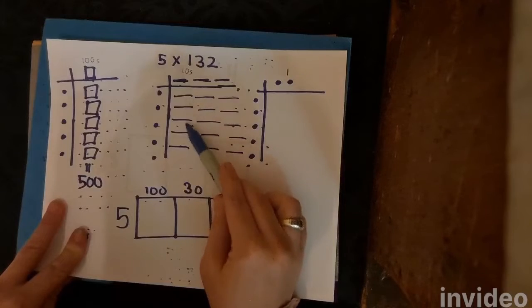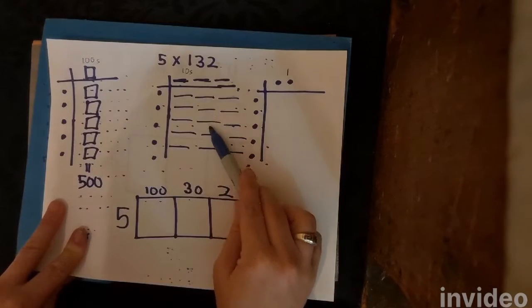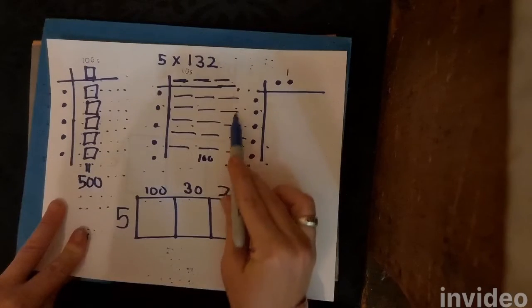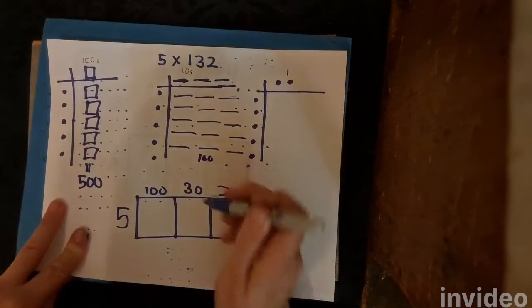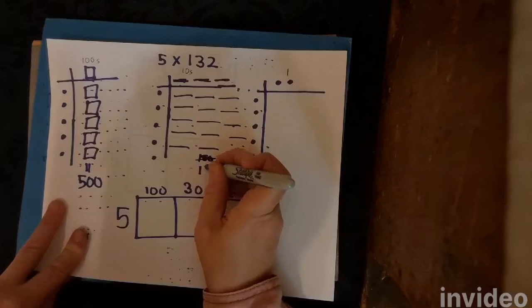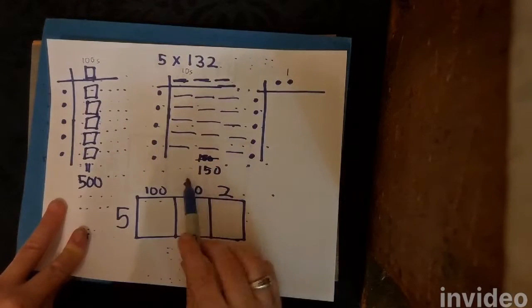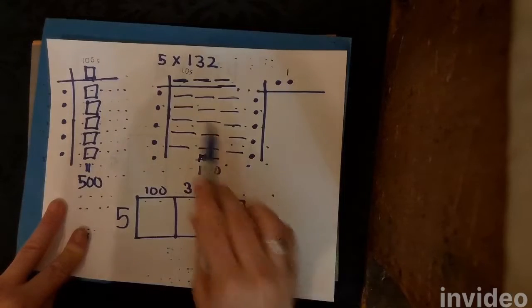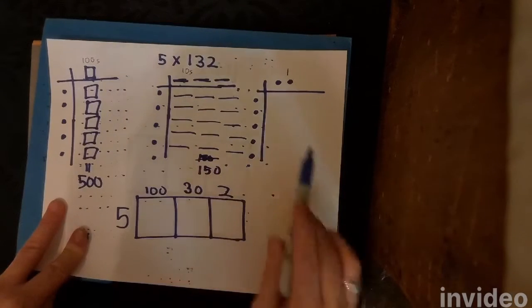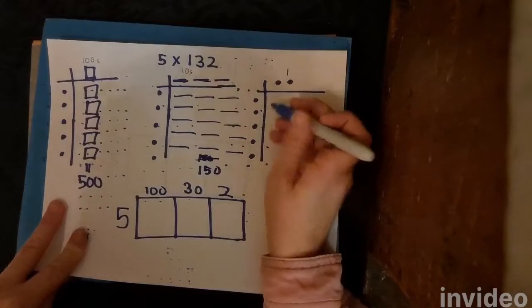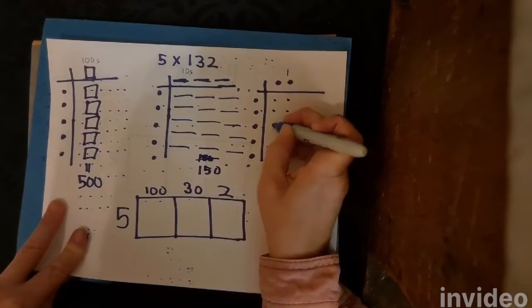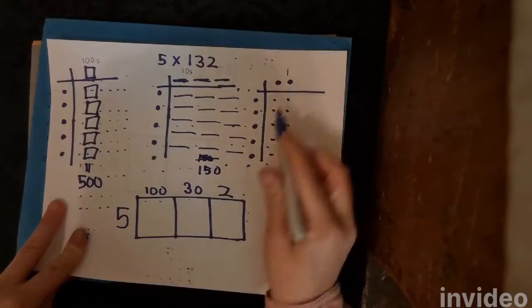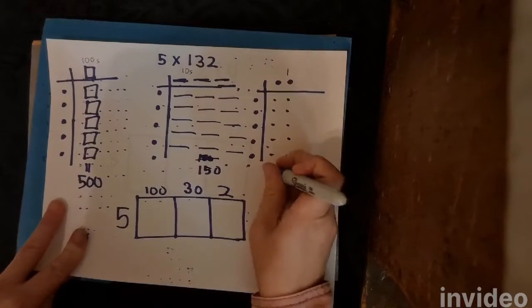Or I can do 10, 20, 30, 40, 50, 60, 70, 80, 90, 100, 110, 120, 130, 140, 150. So I can just make this 150, because it's 15 and you just put a 0 in because you're working with tens, so nothing in the ones place. And then our ones, we have 2, 2, 2, 2, 2. 5, 10. So of course, 5 2s is 10.